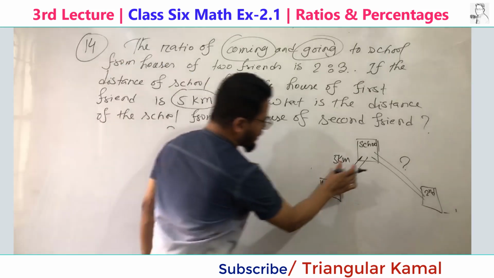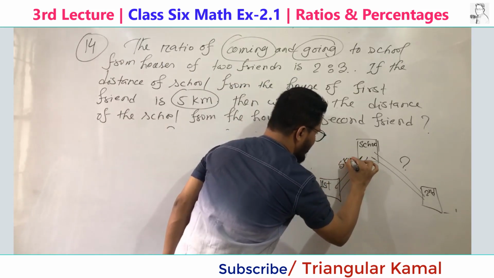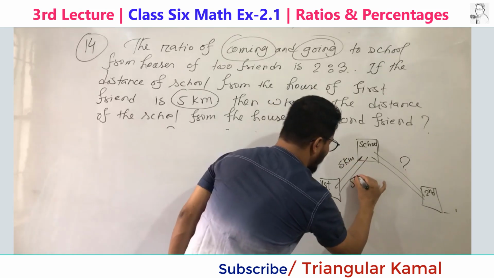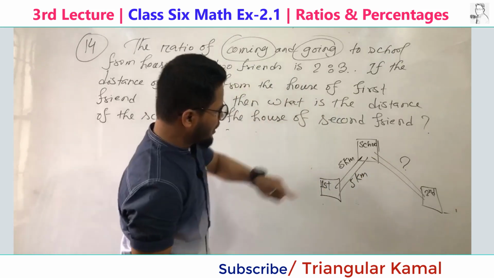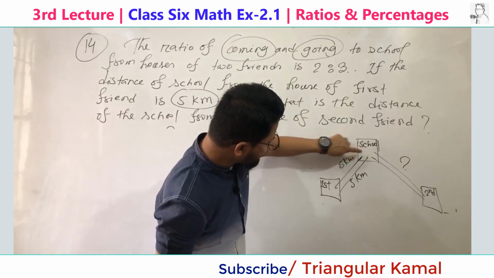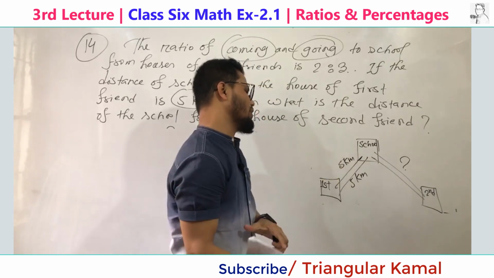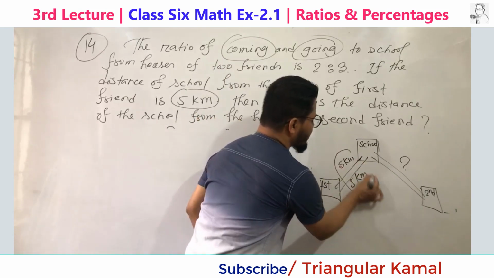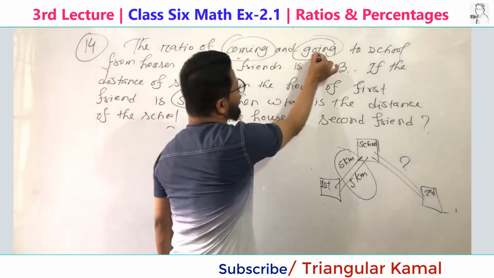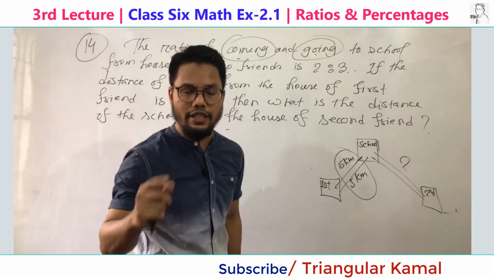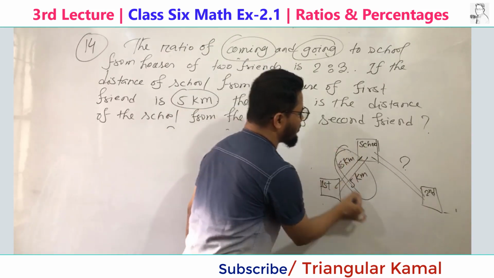Consider coming to school is 5 kilometer, and this also will be 5 kilometer, because house to school is 5 kilometer, then school to house will be 5 kilometers. So their total distance is 10 kilometer, the coming and going distance, that is the total distance.